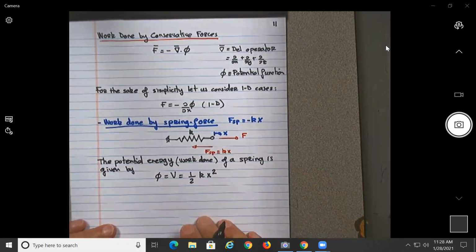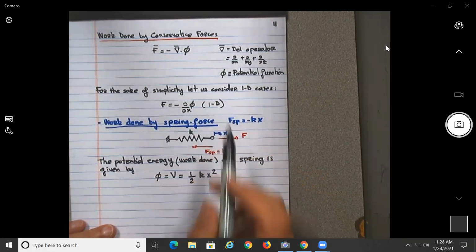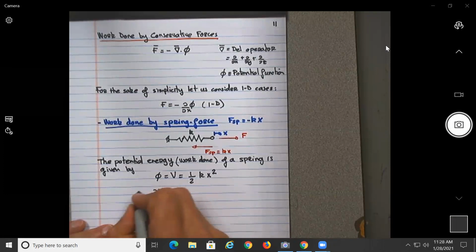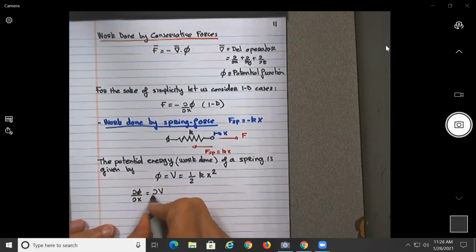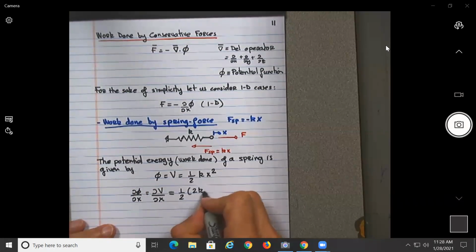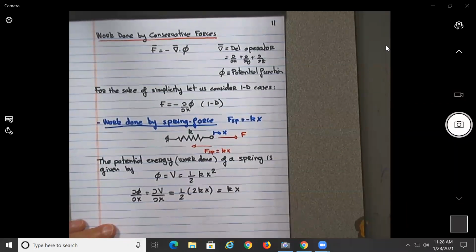Yeah. So now let's go and substitute over here. So what would be partial of V? So partial phi partial x would be equal to partial V partial x. This would be equal to what? 1/2 times 2 kx, no? So this is really equal to what? Kx, correct?